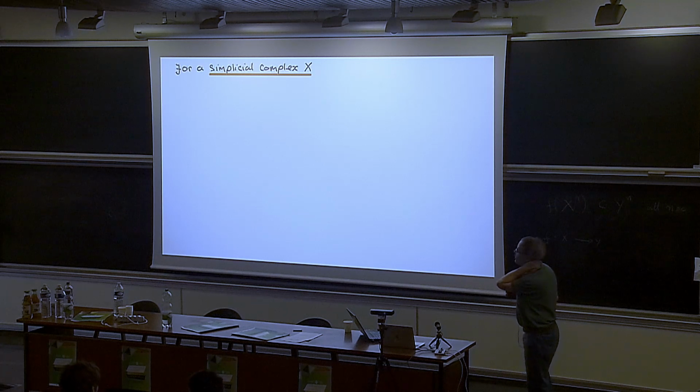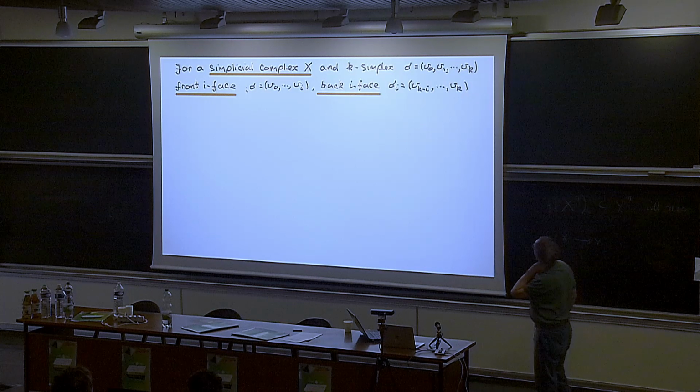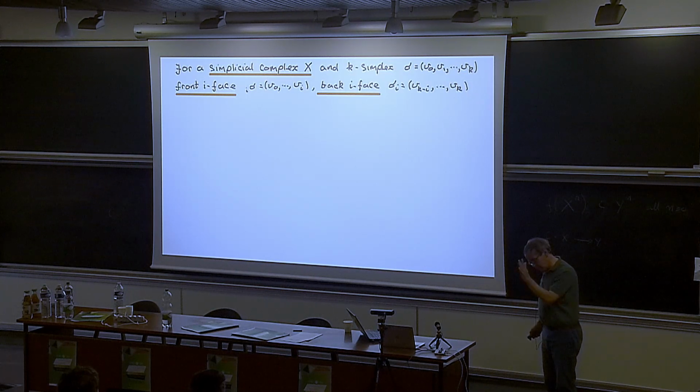If you have a simplicial complex X, for me, I'm thinking of an ordered simplicial complex. There's an ordering on the vertices, and a simplex is an n-tuple of distinct vertices.